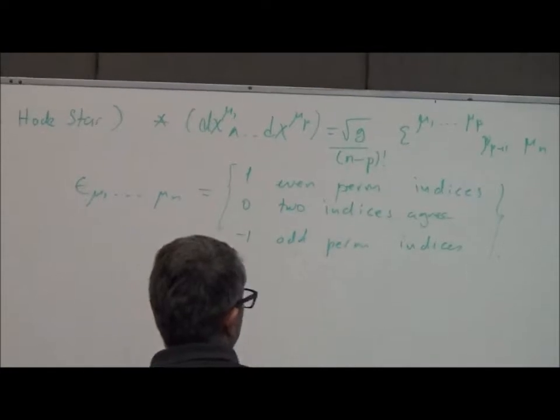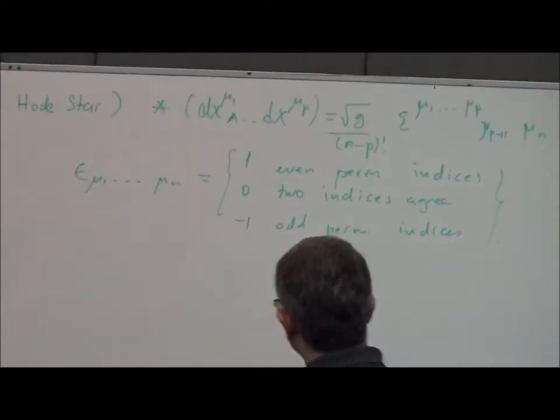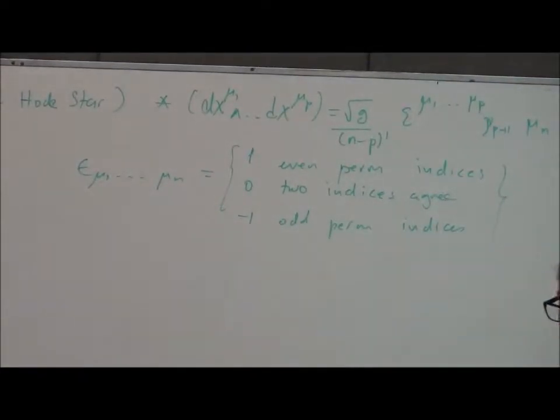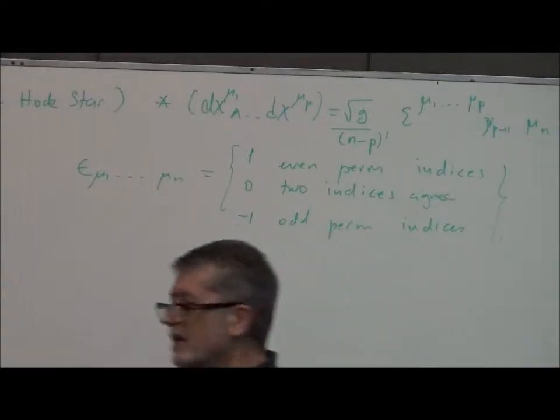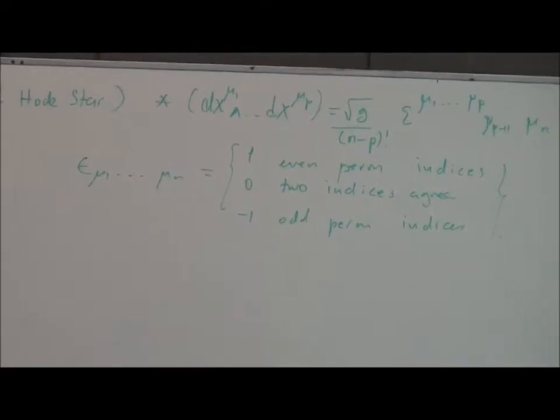This definition makes it obvious that star depends on the orientation, because it depends on whether you orient your manifold with dx wedge dy or dy wedge dx. They're not the same, right? They differ by a sign. So the two definitions help.